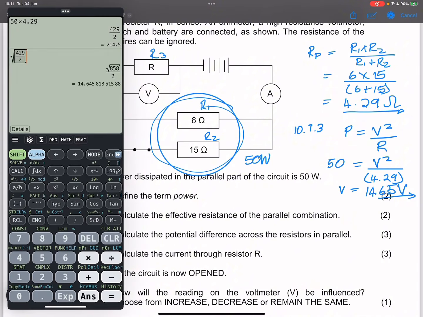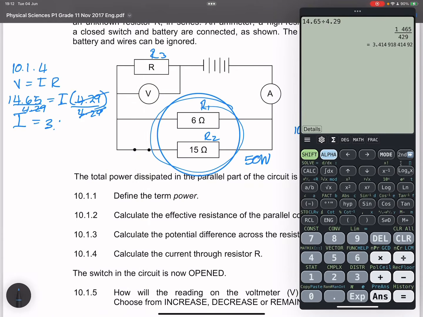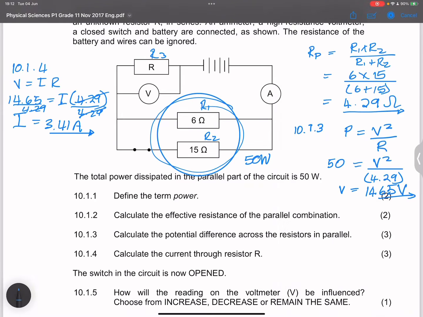So 14.65 divided by 4.29, and that will give us 3.41 amperes. Right, and that's the total current that's flowing through our circuit, and that will be flowing through resistor R.